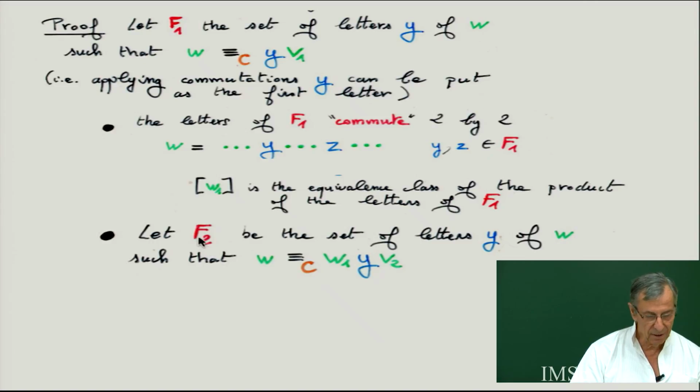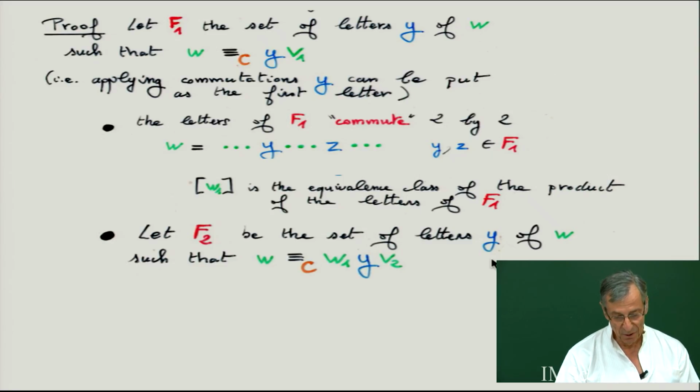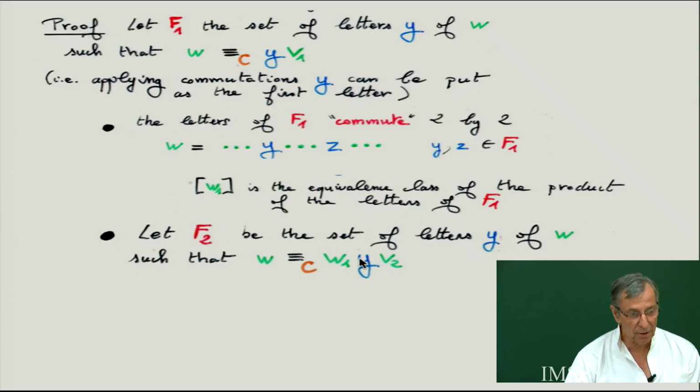And now I can define F2, the set of letters of W, such that you can bring the letter Y just after the word W1. Maybe you can bring Y further inside the word W1, but you will not be able to bring Y at the first position.